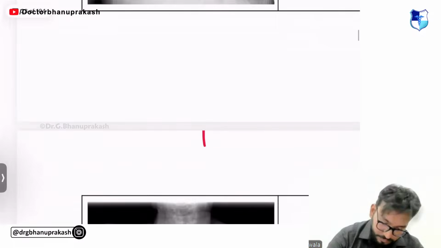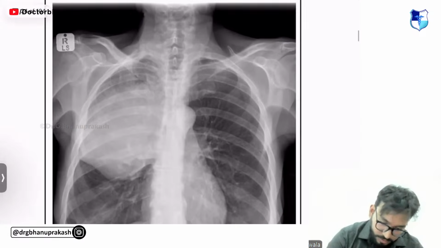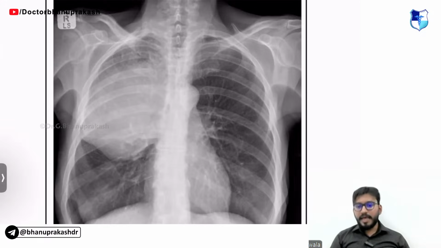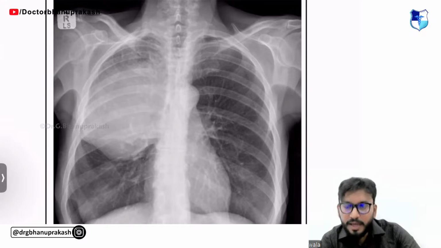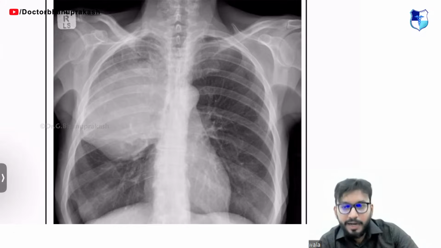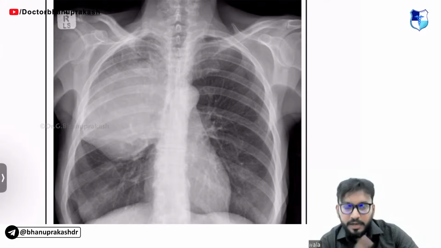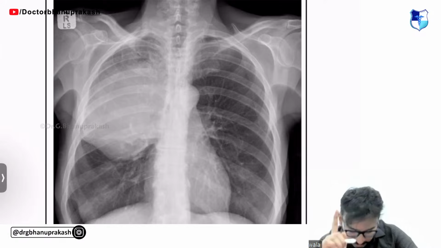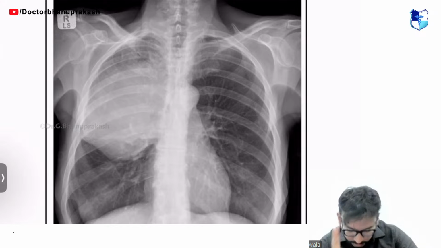Moving on. Look at this. The history here, guys, is that this patient is alcoholic, and the typical cough with expectoration that you get here is a red currant jelly sputum, in an alcoholic patient. This is your X-ray. This can be only one thing in your exams.